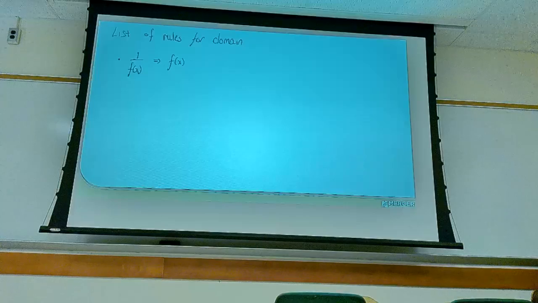Now let's divide by 0. If you have an even indexed radical, what you're taking the radical of has to be non-negative. Those are the tools we had so far.